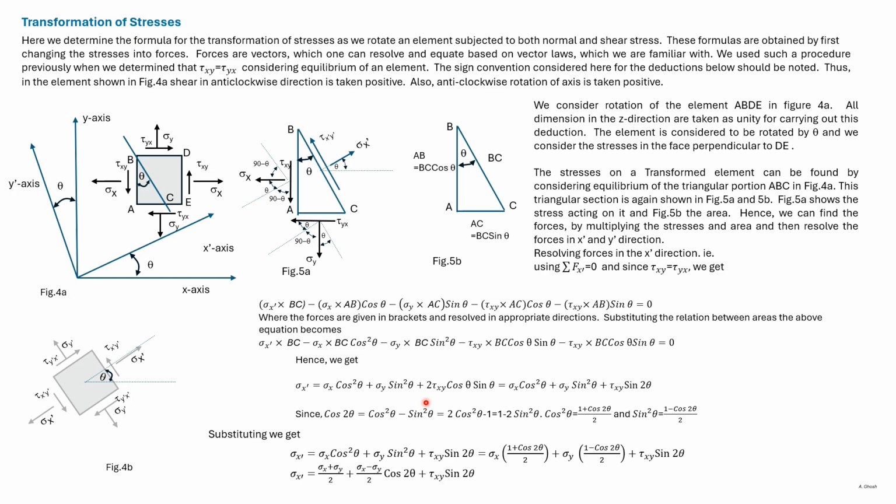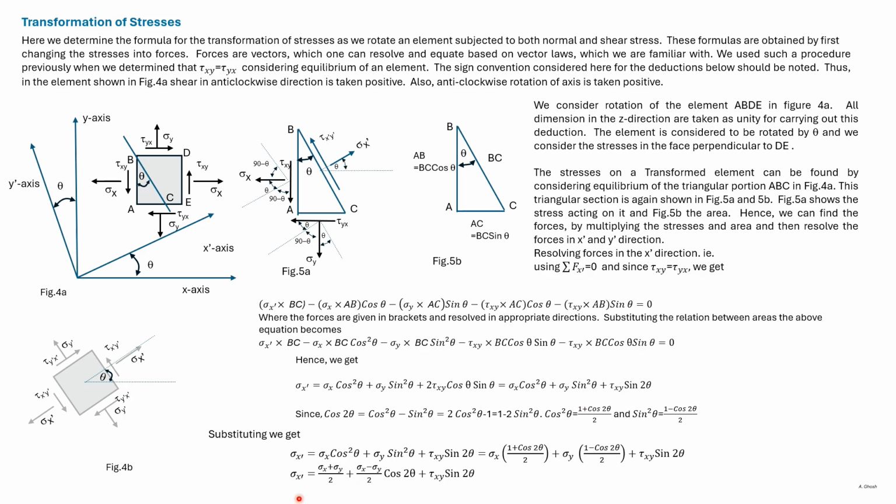Now 2 cos theta sin theta is sin 2 theta, and cos square theta and sin square theta can be written in terms of cos 2 theta.